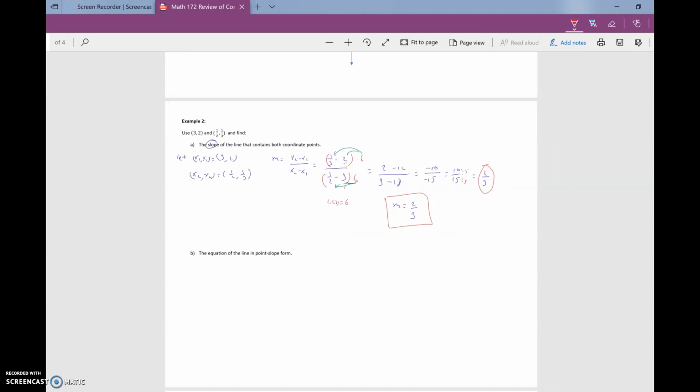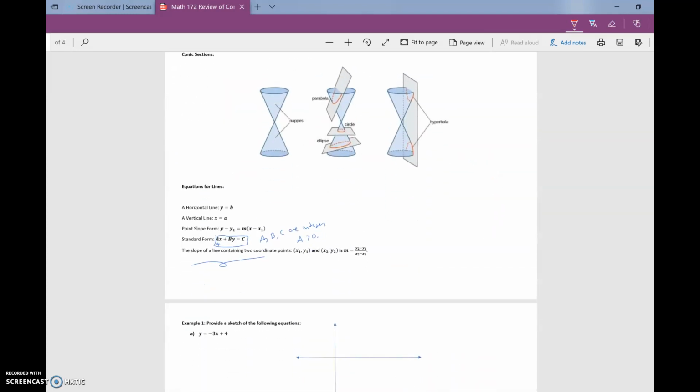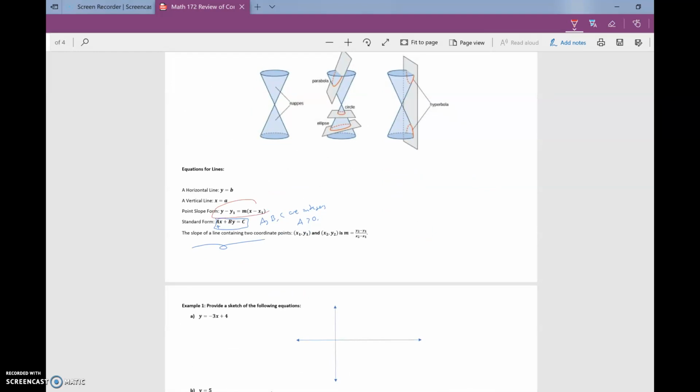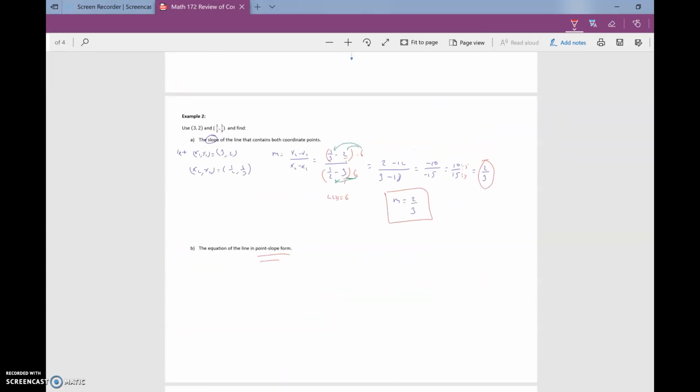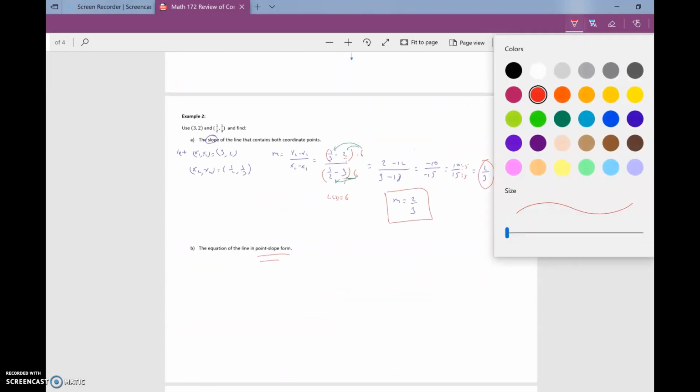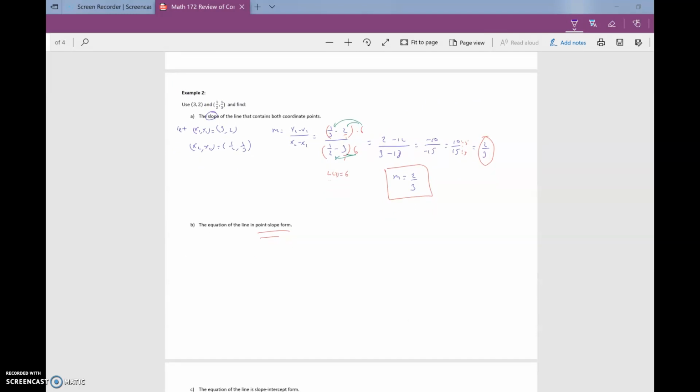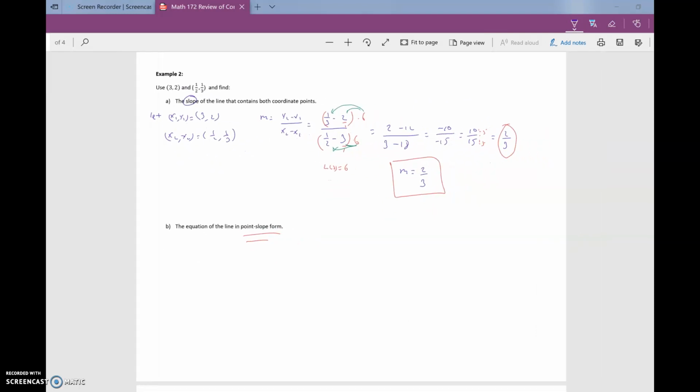Okay, the next portion of this problem is they want us to use point slope form. Now for point slope form, the equation has y1 and x1, but you could have just changed those for x2, y2. It's not unique, so I'll just continue using what I used on part 1.